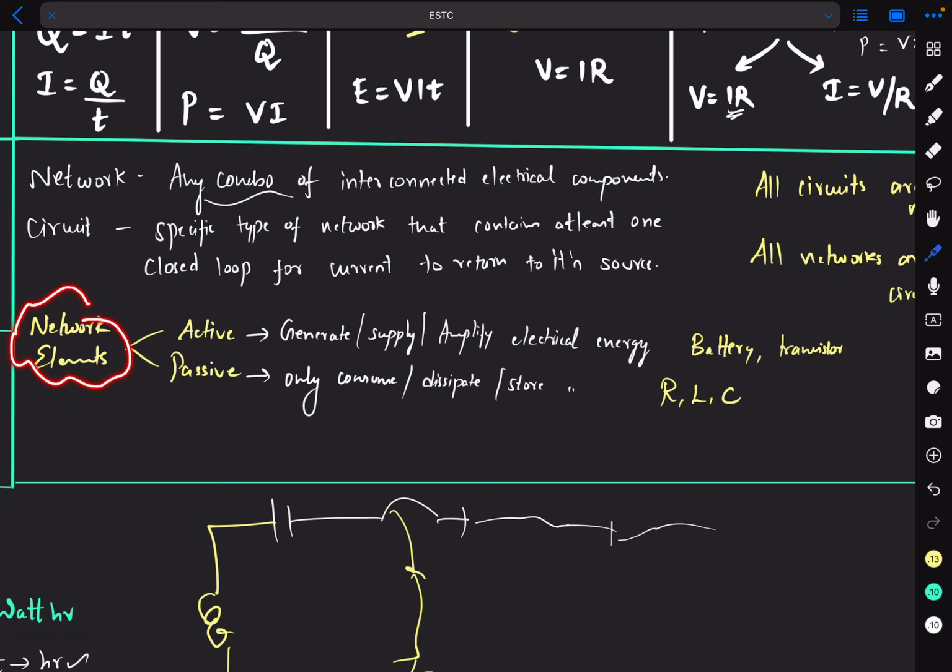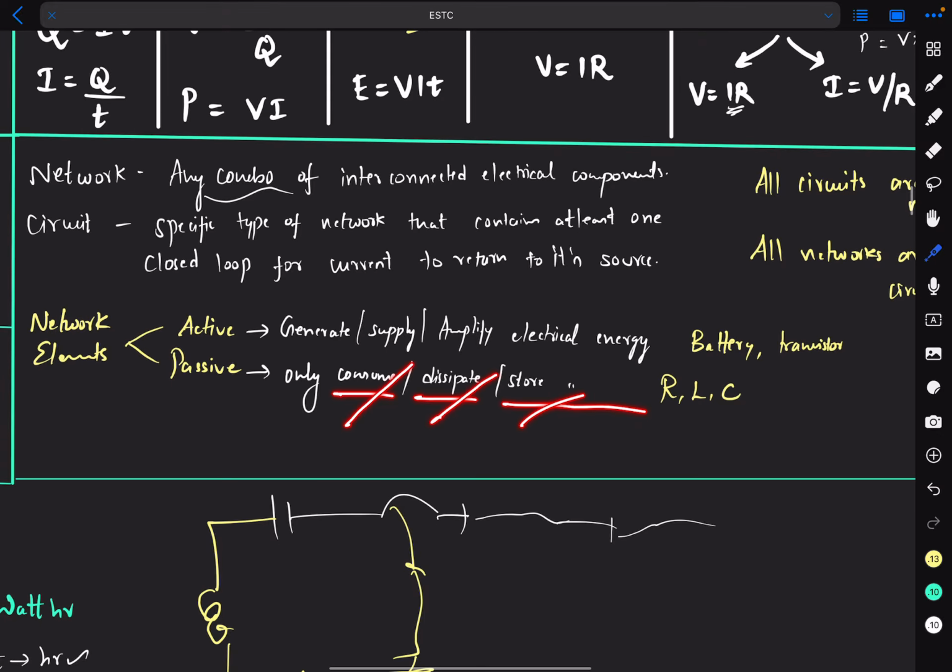Now let's understand another basic concept. Network elements are of two types. One is active, the other one is passive. Active network elements either generate, supply or amplify electrical energy, like battery, transistors and all. The passive network elements only consume, dissipate or store electric energy, like resistance, inductance, capacitance.